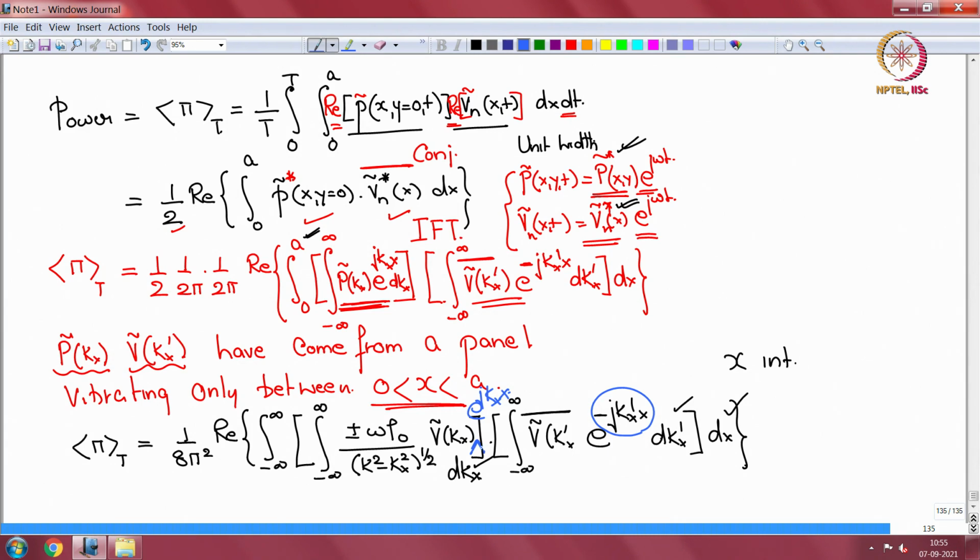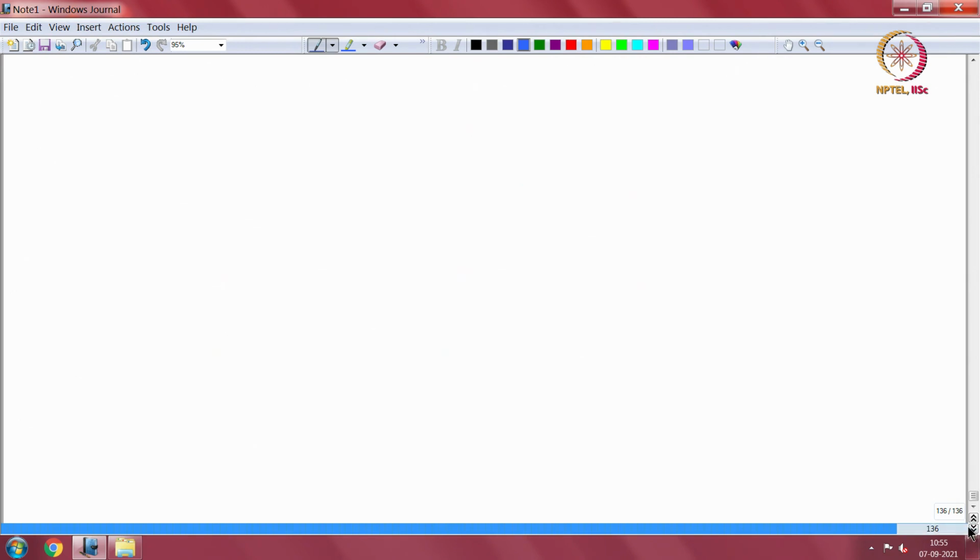So the x occurs only here and only here, nowhere else. So we'll do the x integral first. So what is it that we have to integrate first? We have to integrate minus infinity to infinity e to the power of j kxx minus j kx dash x dx.